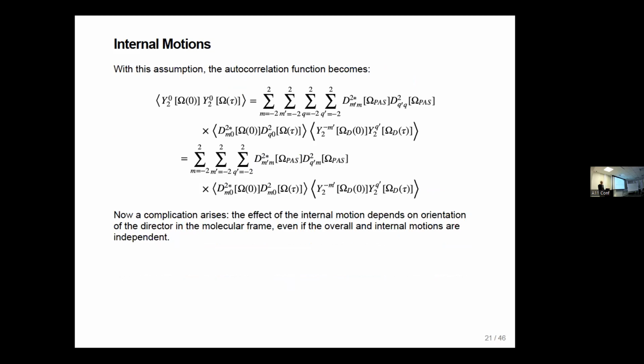But even if we make the assumption that overall and internal motions are independent, you still have this effect on orientation in the molecule. As I said, the CSA and the dipole tensor see different motions because they're not collinear if the molecule isn't isotropic.